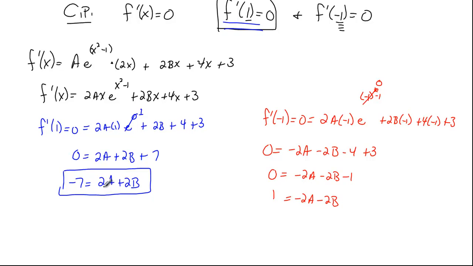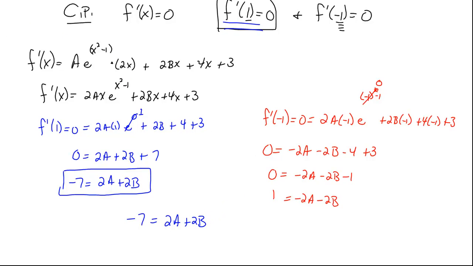Since I want it like such, I can solve this using simultaneous solution solving. We can set this up vertically. We will have, in blue, negative 7 is equal to 2a plus 2b.